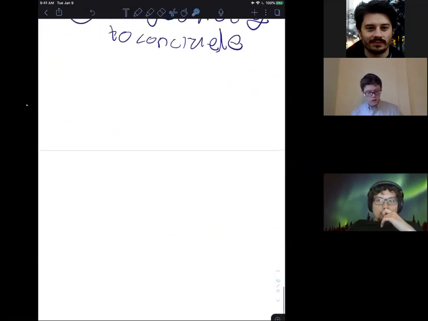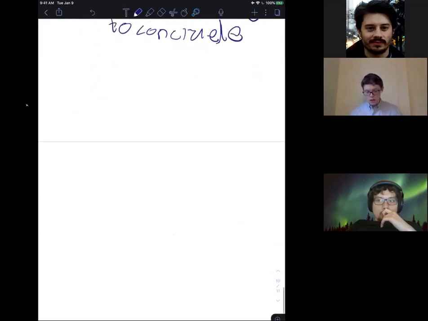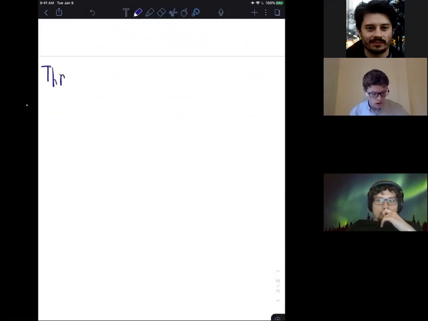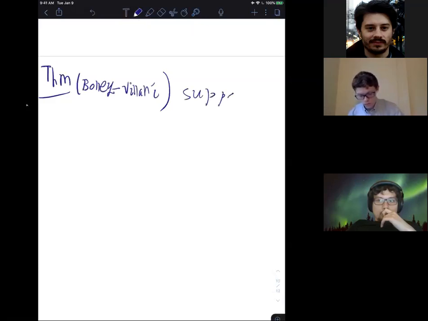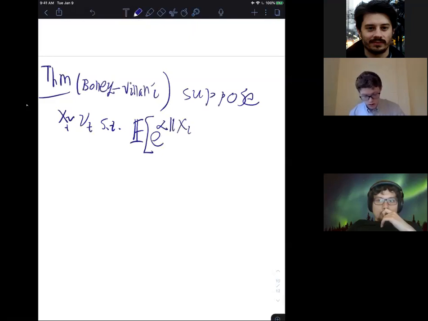First, let's quickly run through these standard things. We have this nice theorem of Bolley and Villani that states: suppose x is distributed according to nu t such that we have some exponential integrability, the expectation of e to the alpha times x_t squared is finite.